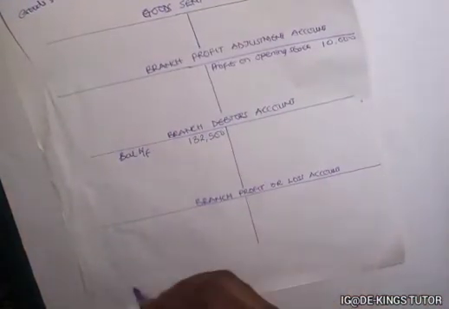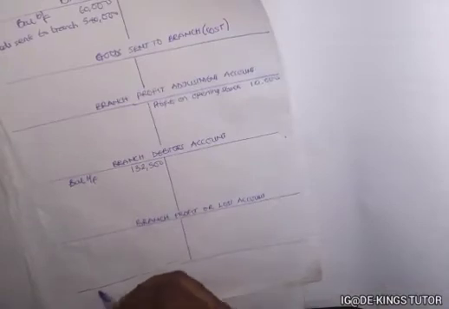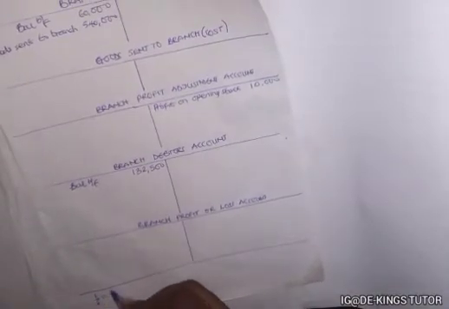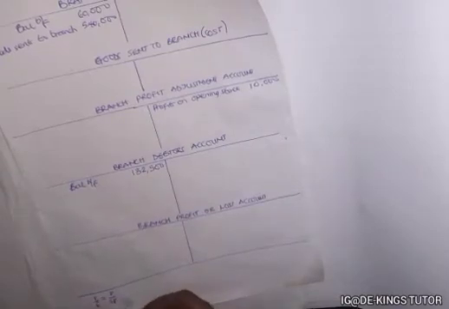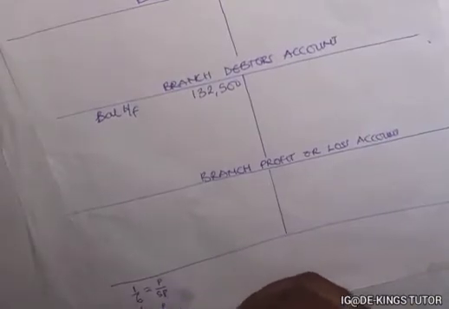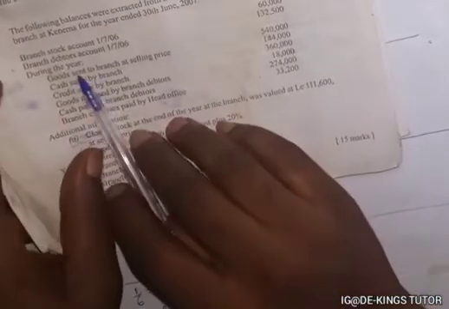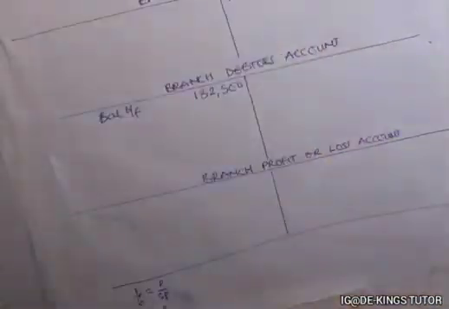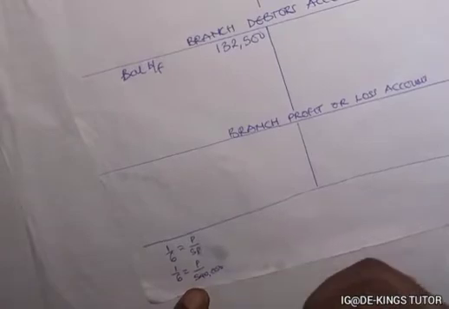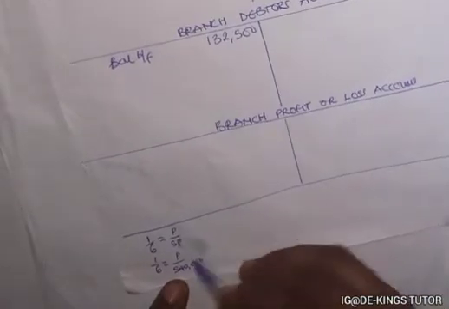See that our ratio, 1/6, equals P, which is the profit, over the selling price. Now what's the selling price? The goods sent to branch selling price is 540,000.